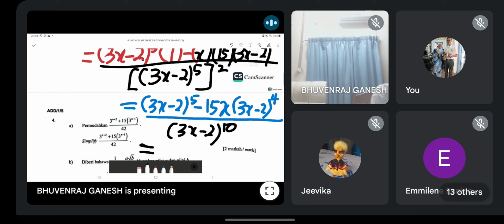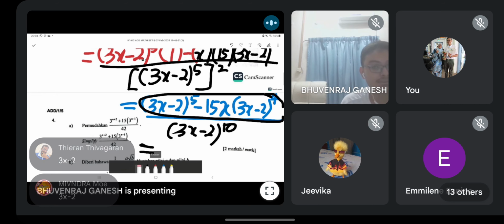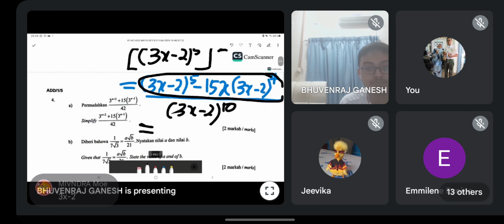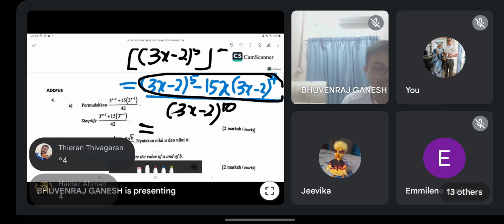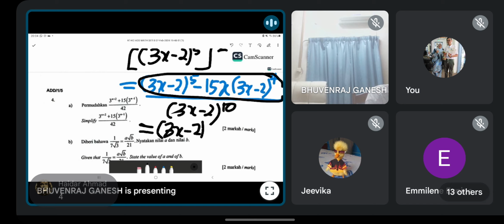Now guys, based on the top one, berdasarkan pecahan kat atas, what can I factorize out here? Can you all type out the term? Apa ungkapan yang saya akan faktorkan untuk penyebut pecahan? (3x minus 2) power what? Power 4. Yes, power 4. Very good. Because 4 is the highest, paling tinggi.